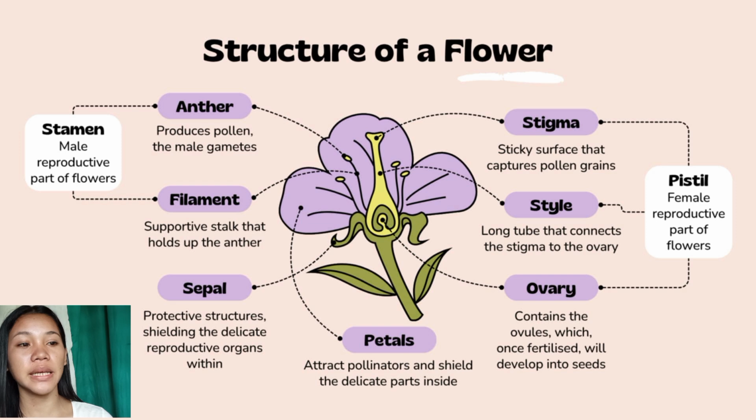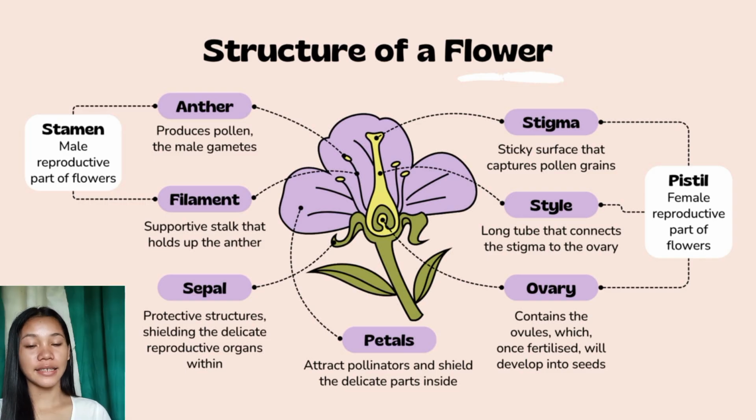And next we have the pistil, the female reproductive part of flowers. Study the structure of a flower, because later on we're going to have an activity where you will identify the parts of the flower.